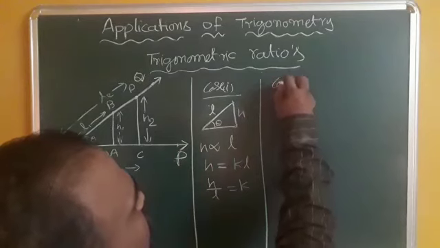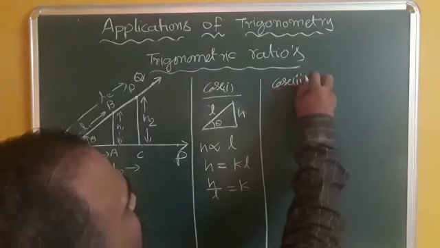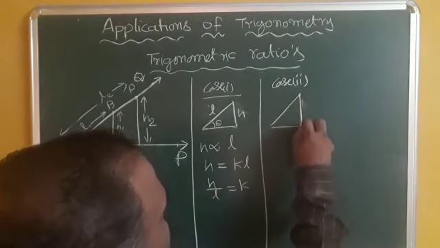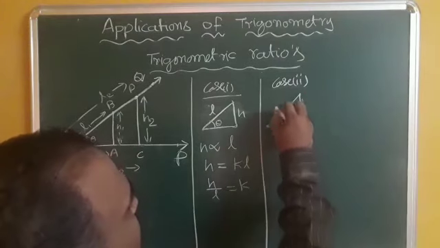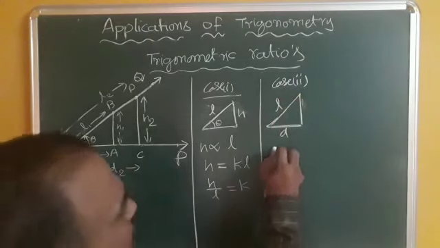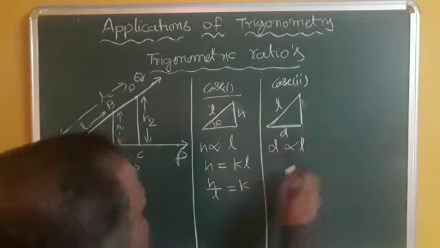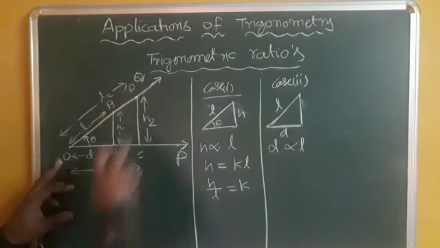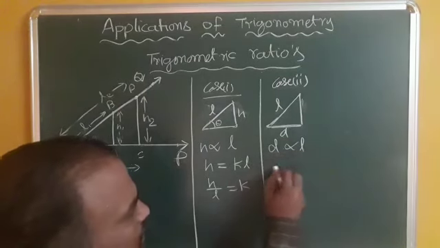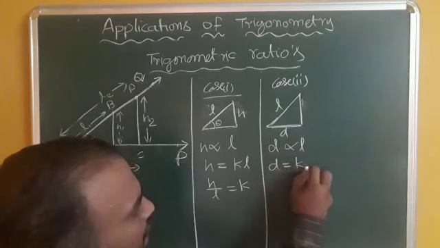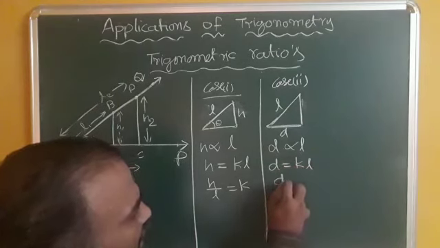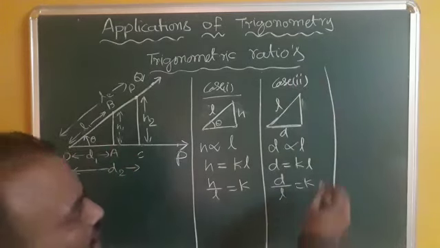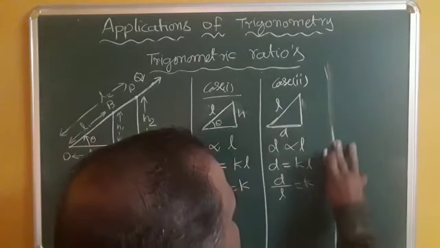Case 2: here I will take the relation between distance and length. D is proportional to L. As the distance increases, the length also increases. So D is equal to KL, and D by L is equal to K, the proportionality constant.